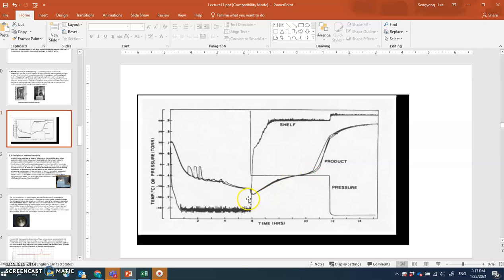So shelf temperature goes up and product temperature goes up, following that as well. During this process, pressure is established, so drying takes place, primary drying, and maybe secondary drying after that. So that's what happens during your freeze drying process.